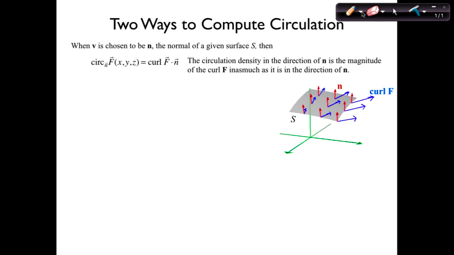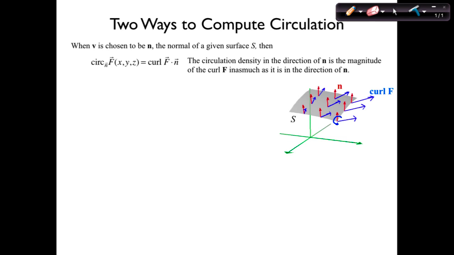So what is this? For instance, this vector right here, the curl of F, is indicating that right here at this point, let's see if I can draw it, the rotation is kind of like, that's supposed to be in a plane that's orthogonal to F, right? So you imagine a plane orthogonal to that vector right there.